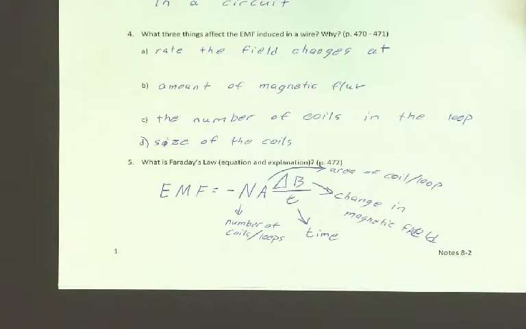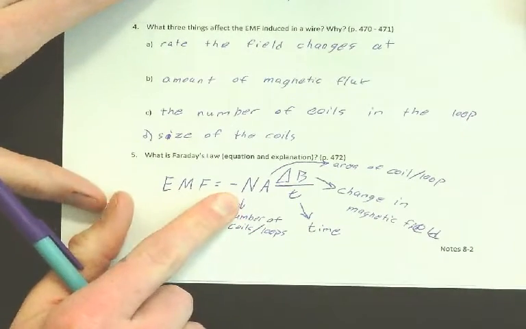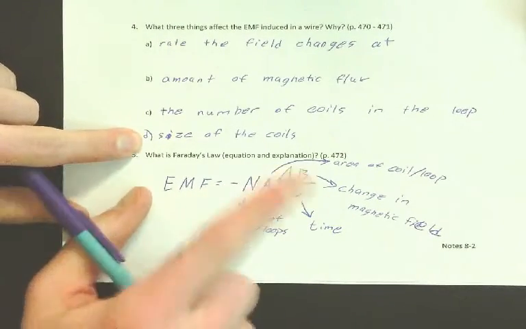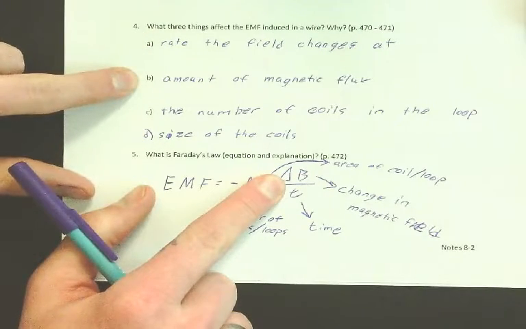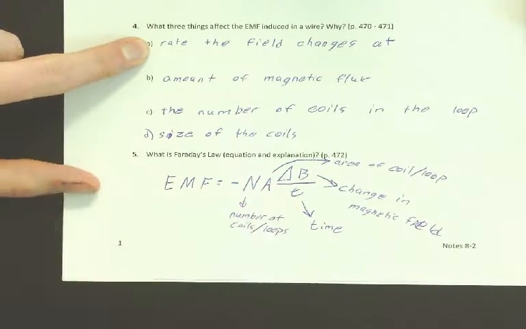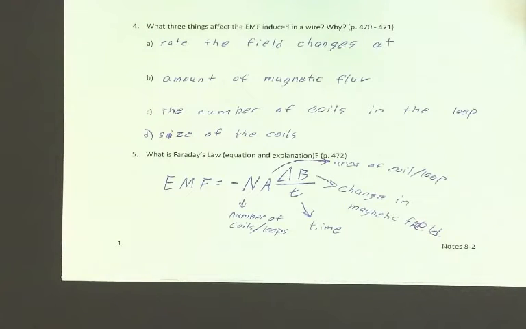So, the 4 things that affect the EMF: number of coils, size of the coils, magnetic flux, rate at which it happens. You don't actually need to memorize the 4 things. All you have to do is look at the equation and know what they are. Like, look at the equation and be like, what 4 things?